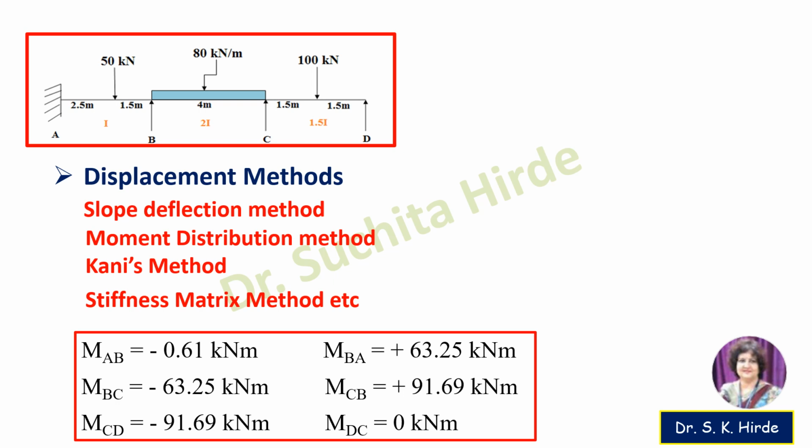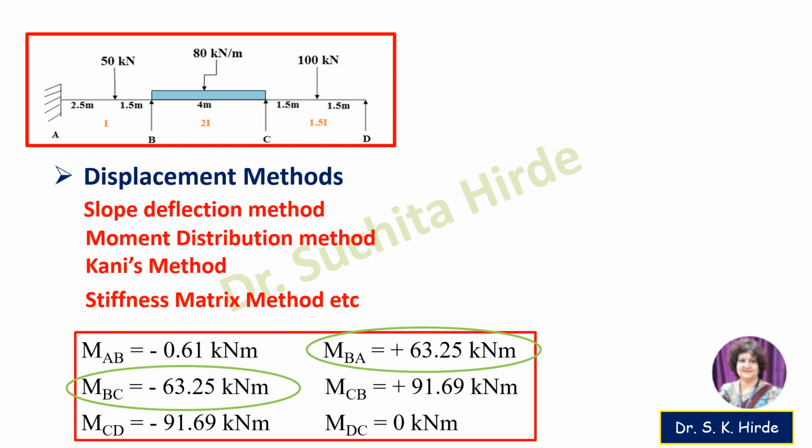Here in displacement method you have to check that at the joint, for example at joint B, if you get positive 63.25 kilonewton meter, then for BC you must get an equal and opposite value. If there is no external moment acting at the joint, then the joint must balance. So you must get equal and opposite values for MBA and MBC.